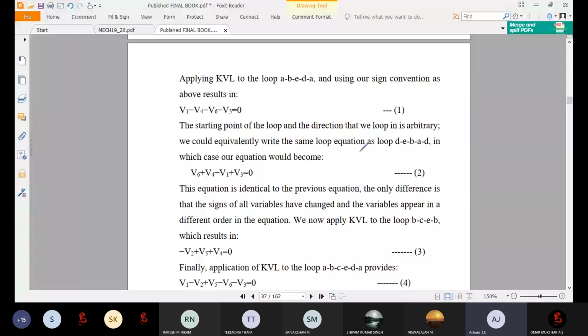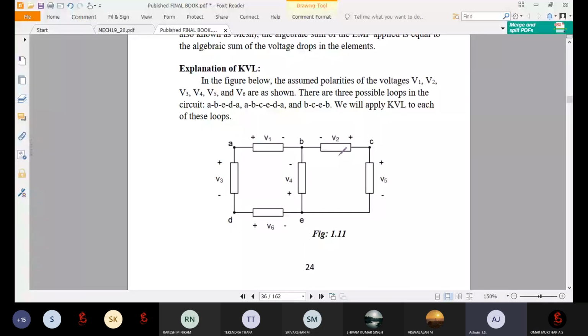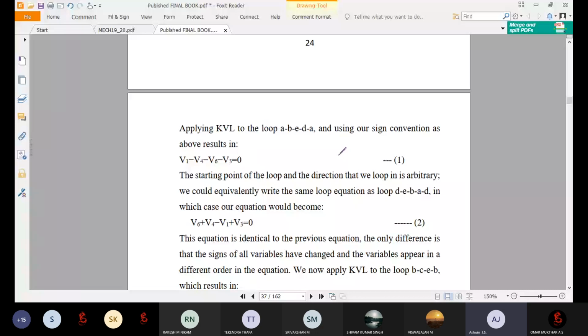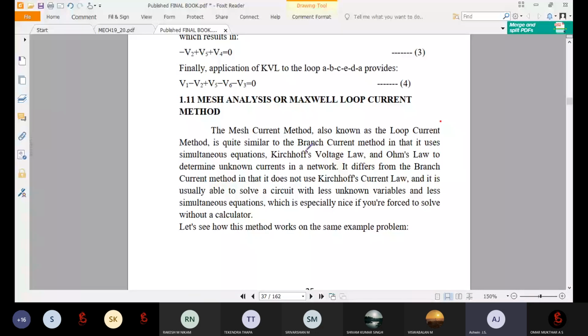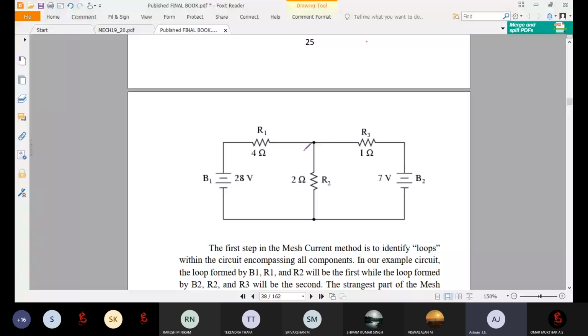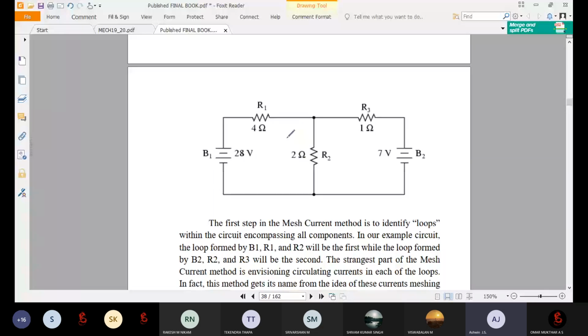Okay, so today we are going to see about mesh analysis, or the Maxwell loop current methodology. Yesterday, for an example, we saw it by applying the current component roughly. So today also we are going to apply it and find the currents I1 and I2 for the loops L1 and L2 respectively.